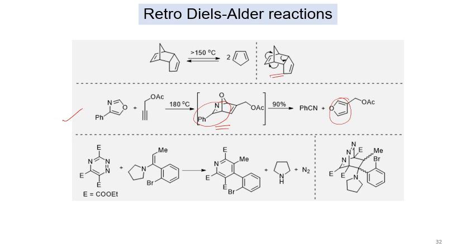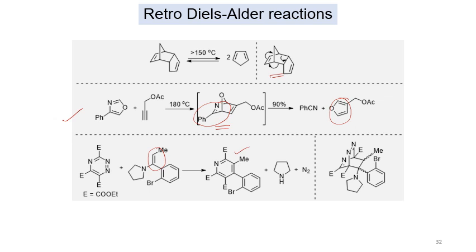Similarly, this so-called aromatic system, this triazine, can undergo a Diels Alder reaction with this particular dienophile to give you this pyridine system.